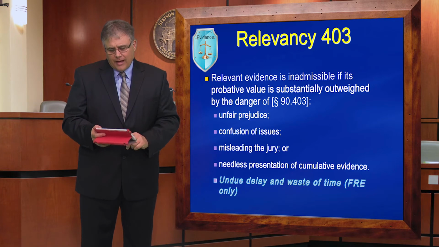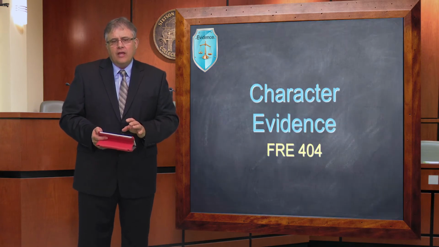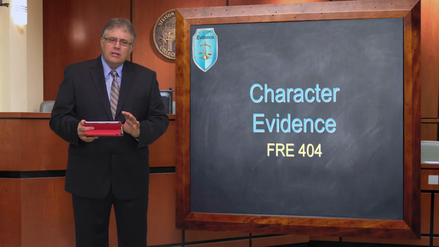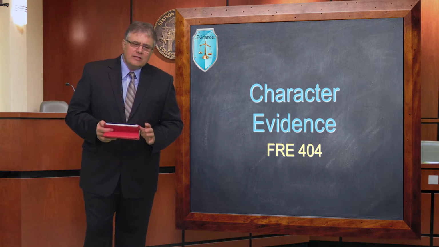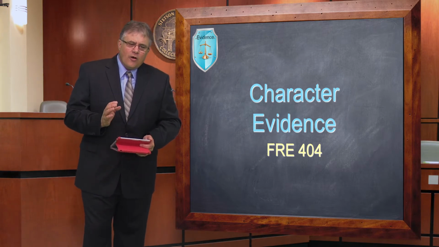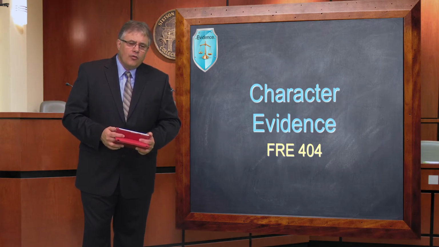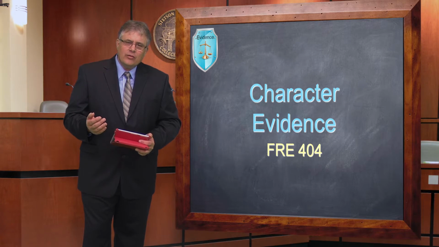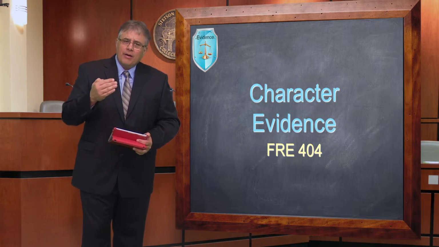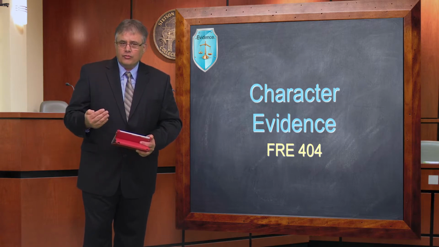Let's now talk about character evidence. And I'm going to start, because character evidence is a subject that is often difficult for understanding on the part of lawyers who don't try cases dealing with it. I'm going to begin by walking you through the federal rules of evidence as they relate to character.